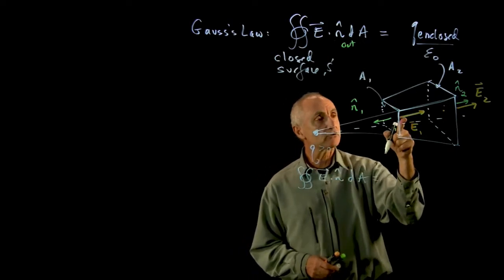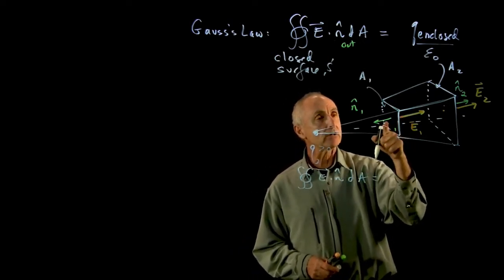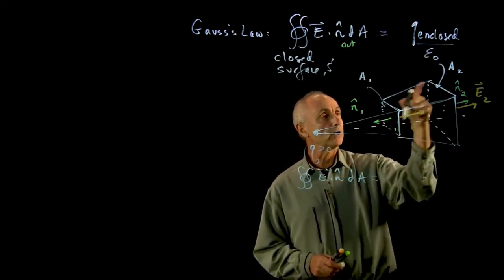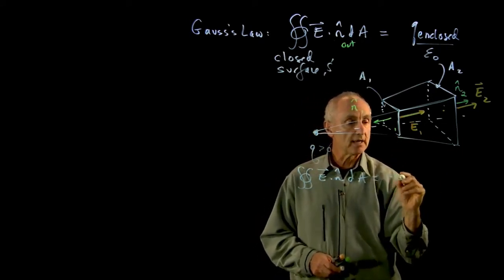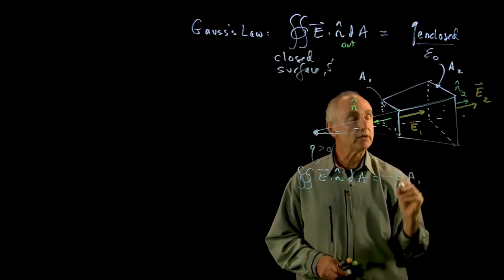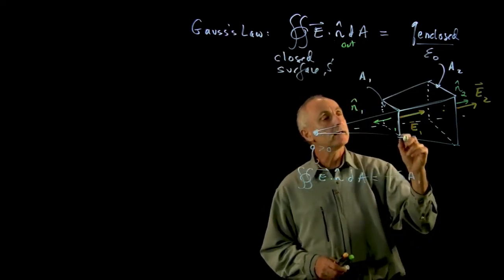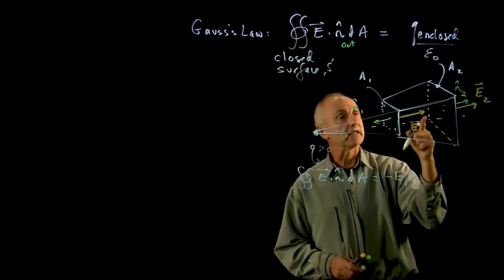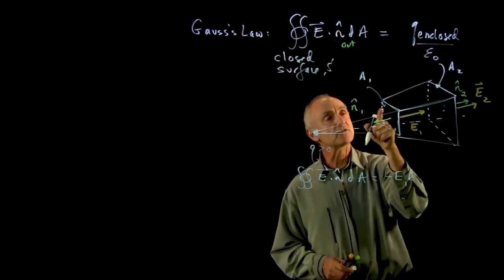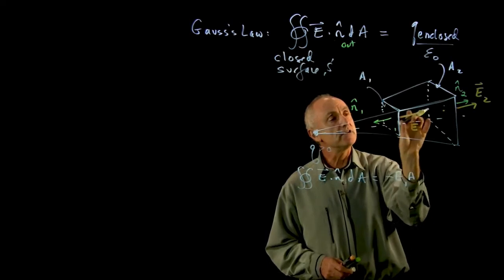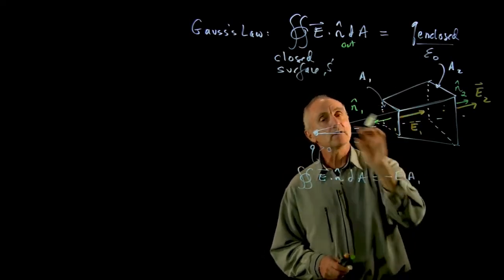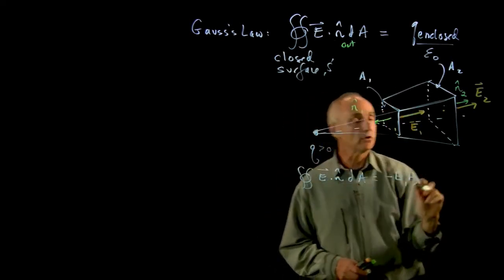Because the electric field is anti-parallel to the outward pointing unit normal in this closed surface, our first piece is minus E1 times A1. And remember, E is pointing radially outward, so it's perpendicular. We're making this very small, so we're not worried about any deviations of E being non-uniform. This is a very small solid angle.